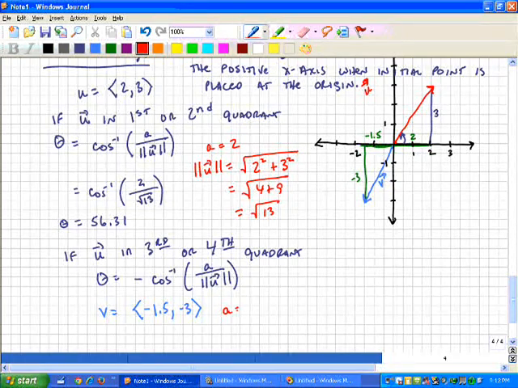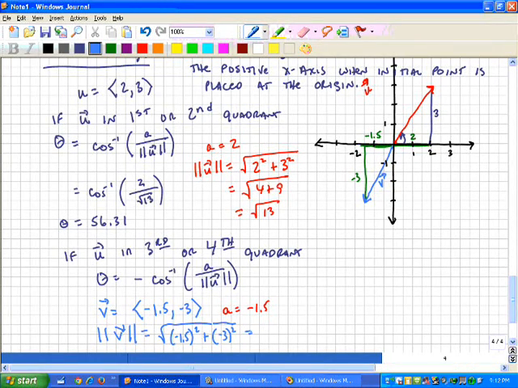Our A, our horizontal component here, is negative 1.5. The magnitude of V is the square root of negative 1.5 squared plus negative 3 squared, which is the square root of 2.25 plus 9, or the square root of 11.25.